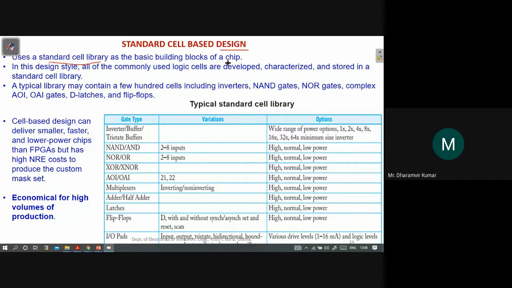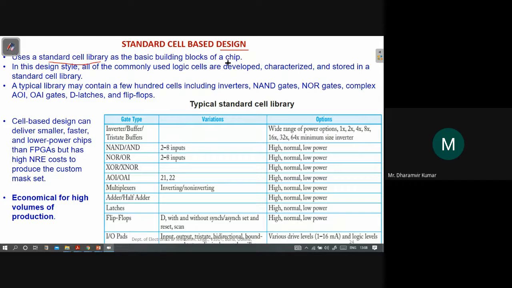But what is the downside? Whatever components are present in the library, they may be more efficient or less efficient. Whatever type of components are present, we have to go with those components.